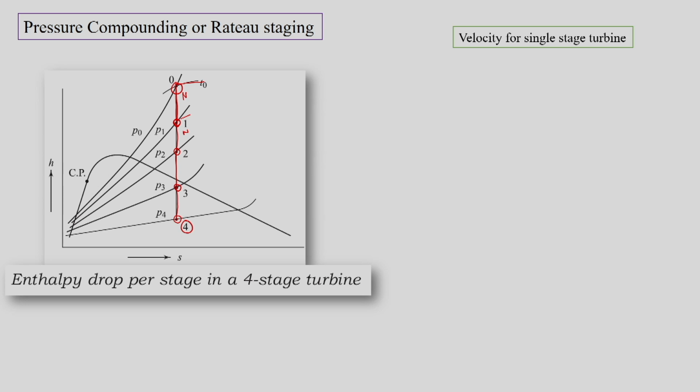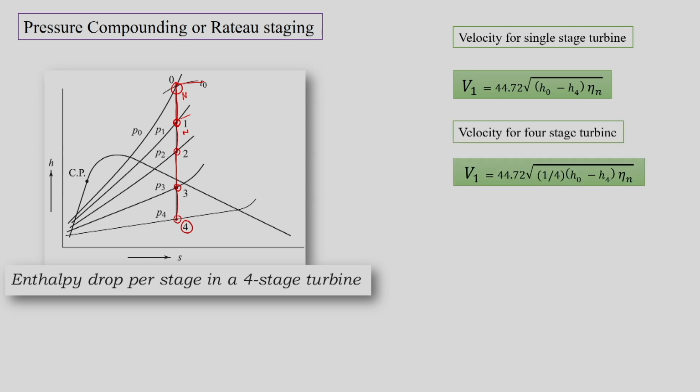Now, we can see that the velocity for a single stage, as we know, can be found from this formula, which is V1 equals 44.72 times square root of (H0 minus H4) times nozzle efficiency. This is if we have only one stage, then this would be the absolute velocity. But now we have 4 stages, so this enthalpy drop is divided into 4 parts.